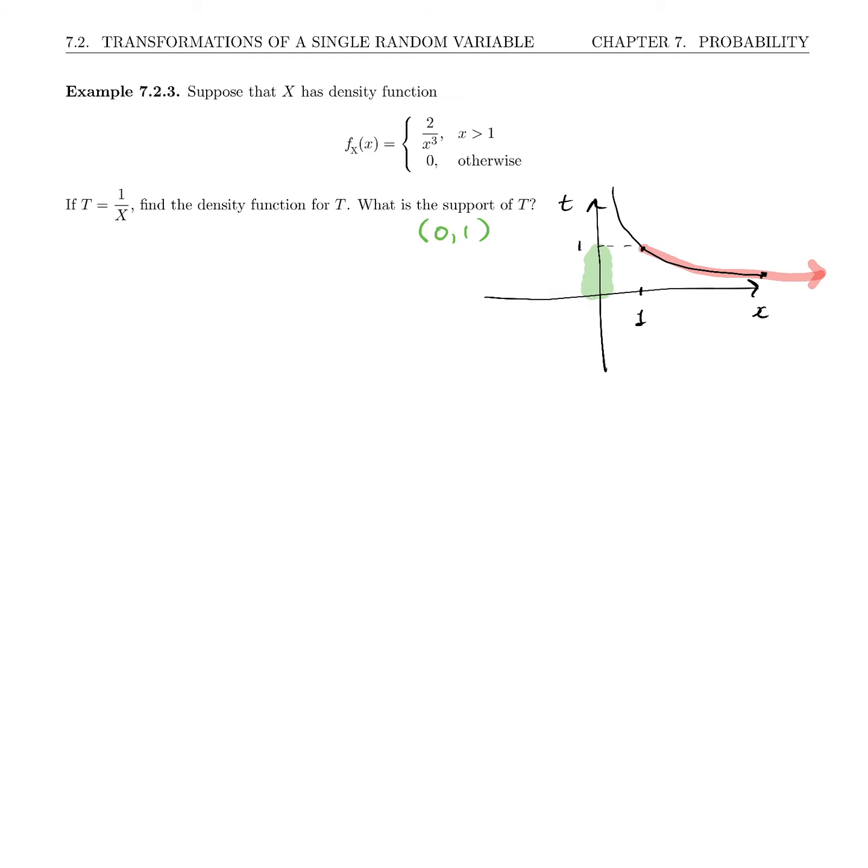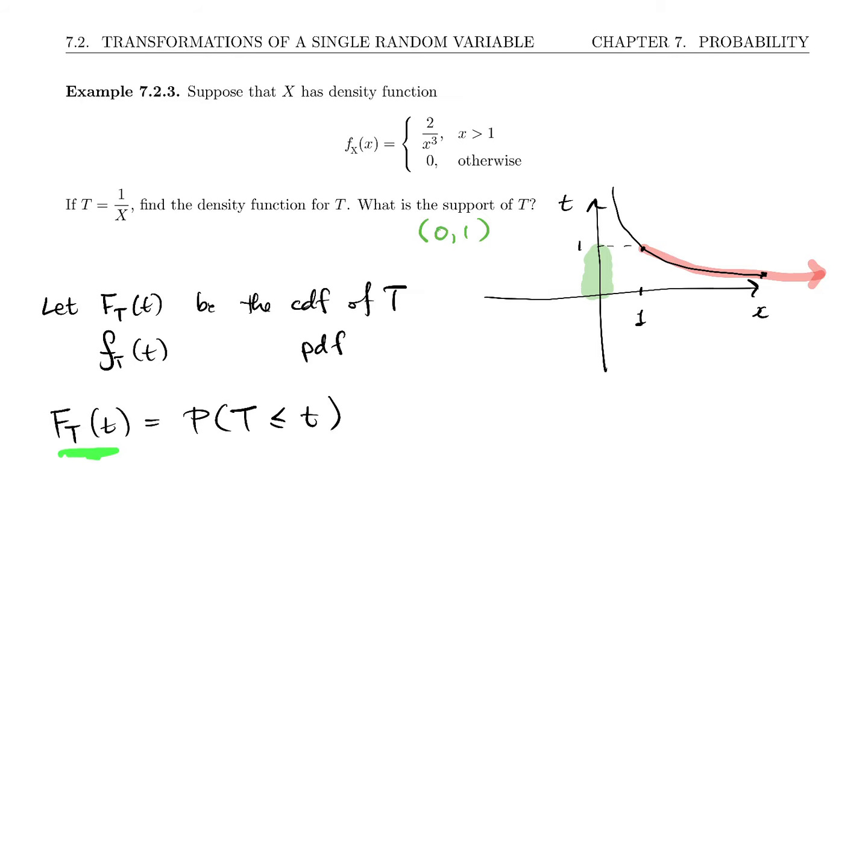So let's introduce some notation. Let capital F sub t of t be the CDF of t, and small f sub t be the PDF of t. And as we've done in previous videos, we're going to write the definition: the probability that t takes values that are less than or equal to little t.